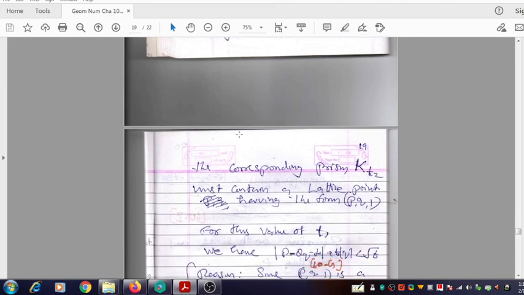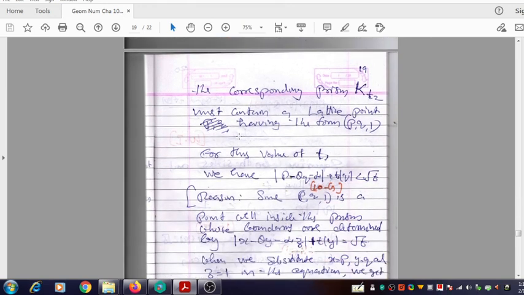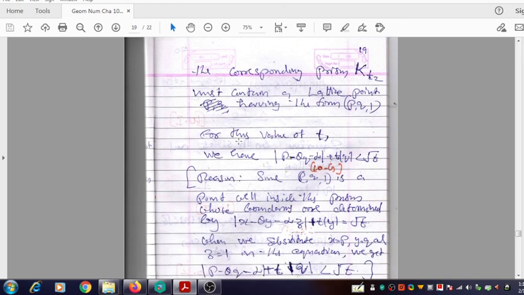And when we take the corresponding parallelogram kt2, that must contain a lattice point having the form pq1.